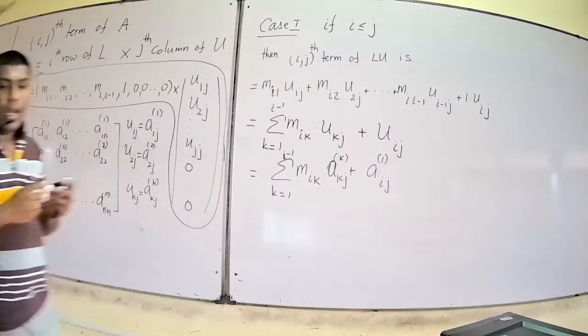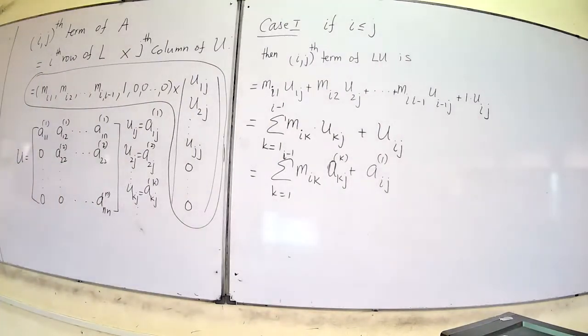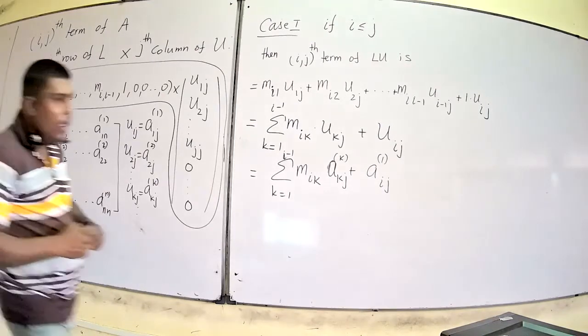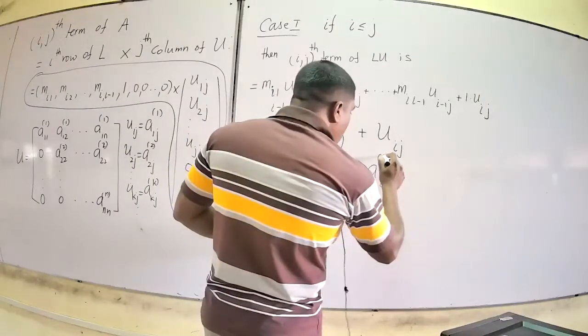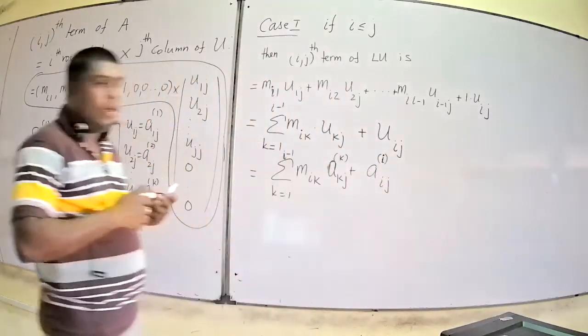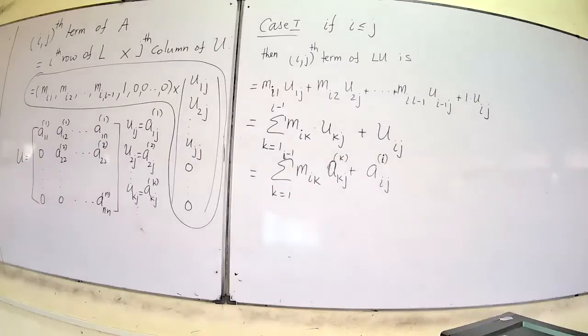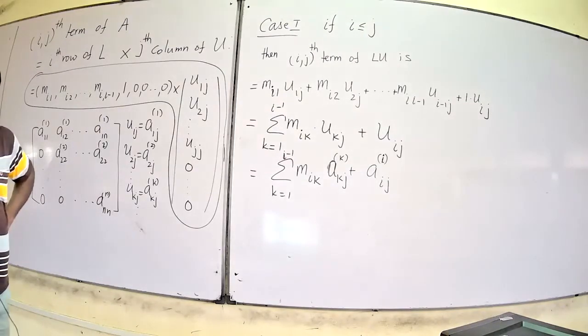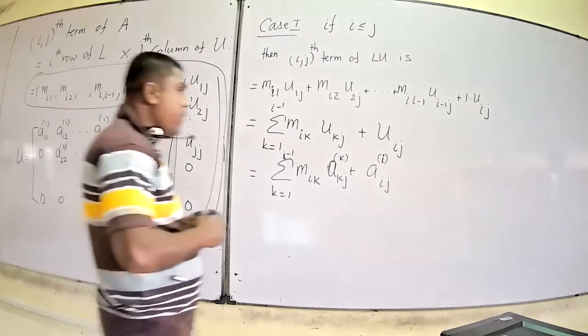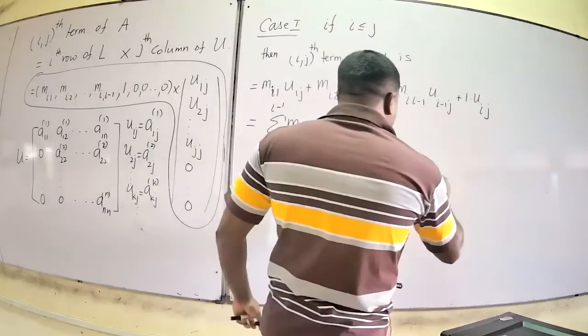Similarly, uij is going to be aiji. So according to this notation. But if you look at the formula, this is what you have.